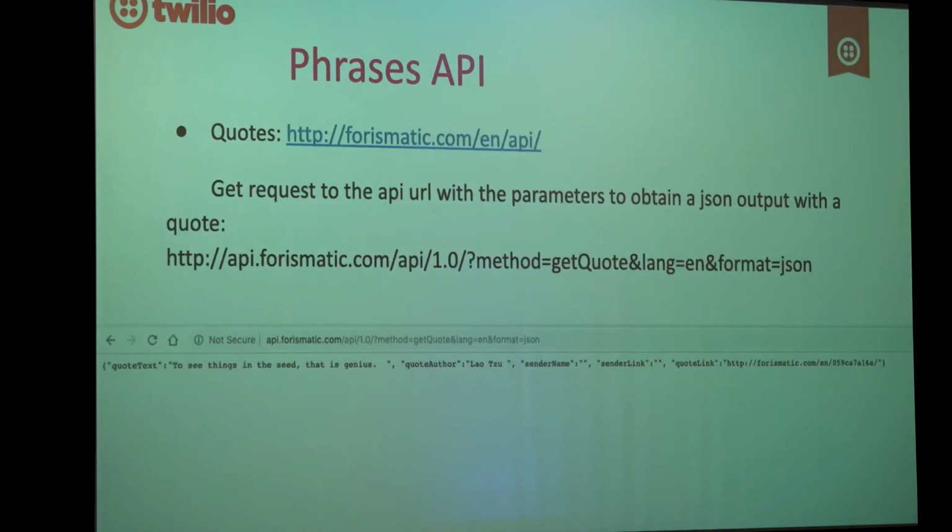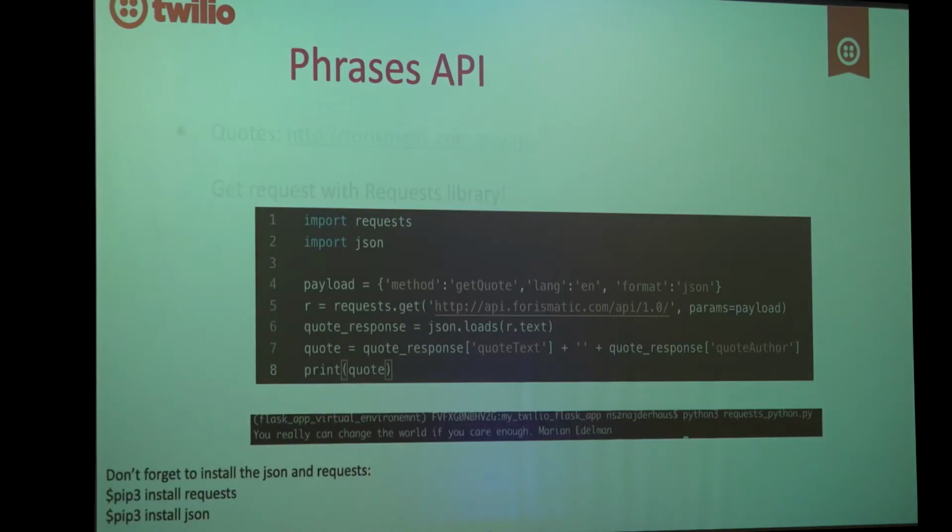If you make the entire request the way they say it on the website, you obtain this JSON file. So basically, you have to get the quote text, the value of the quote text, and then the quote author. We can ignore the sender name and the quote link. So with the request library, we get everything, and then we just keep this.